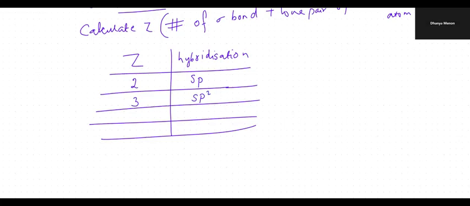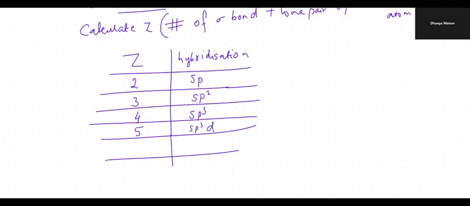If the Z value is 4, it means we get 4 hybrid orbitals. So definitely it will be sp3. Then if Z is 5, definitely 5 hybrid orbitals are being formed, so sp3d.